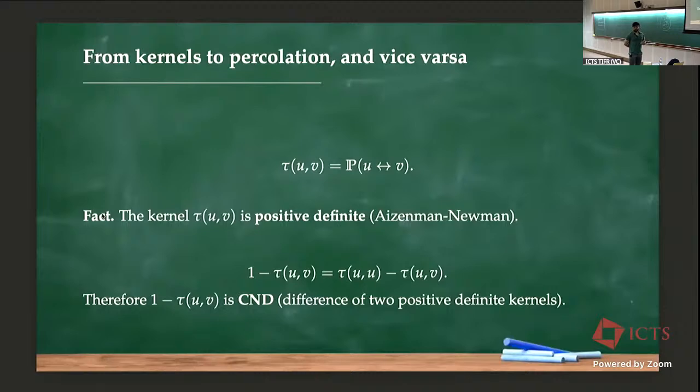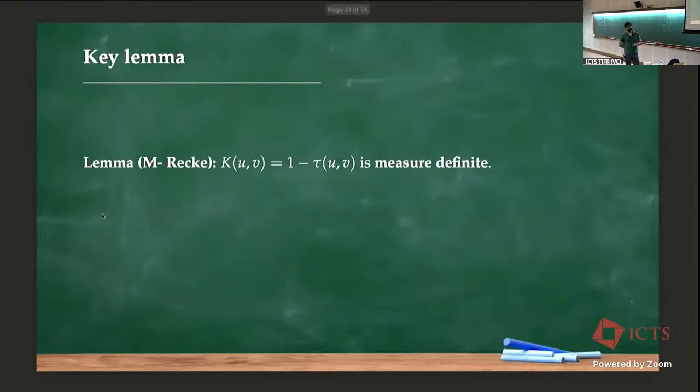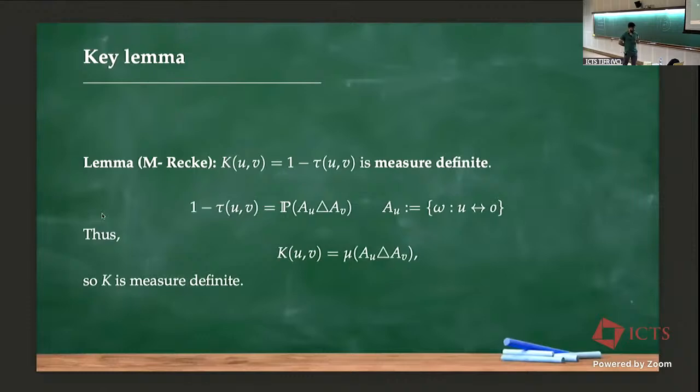However, what is much more non-trivial is this lemma, that 1 minus tau is actually not only CND, but actually it's measure definite. It's an L1 kernel. I'm not going to prove this, it's not a very difficult proof, but roughly speaking, it says the following.